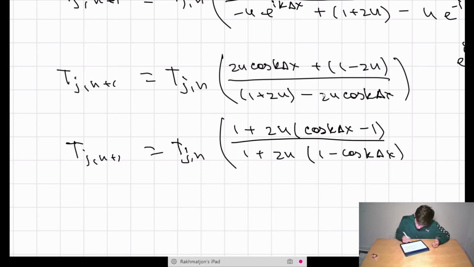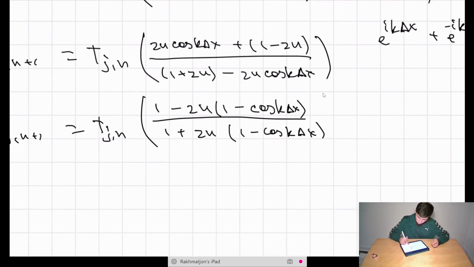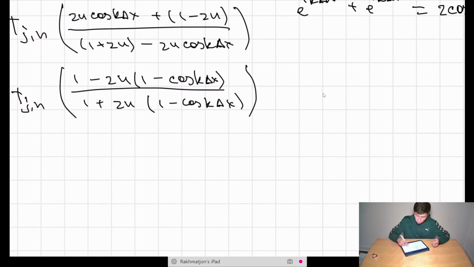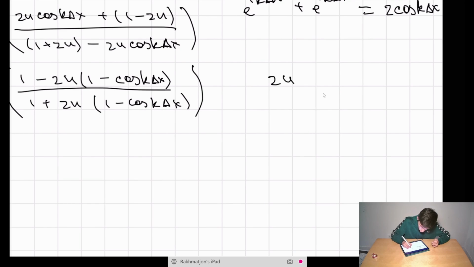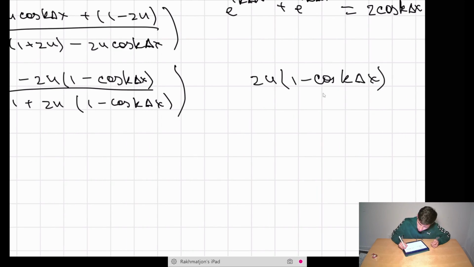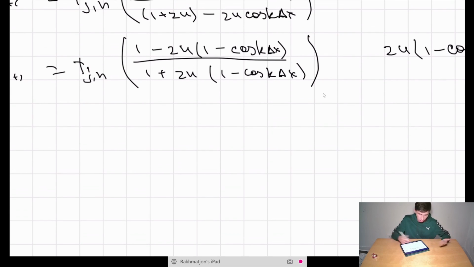If I change this to negative, I can switch the order of something inside my parentheses. So now I can just say that my 2u times 1 minus cosine of k delta x is equal to omega.